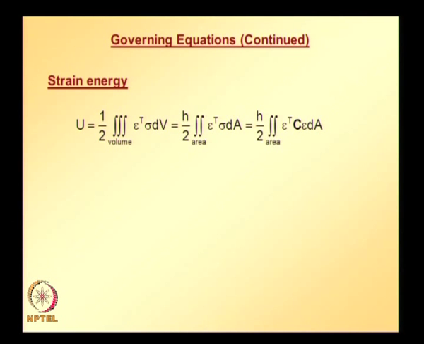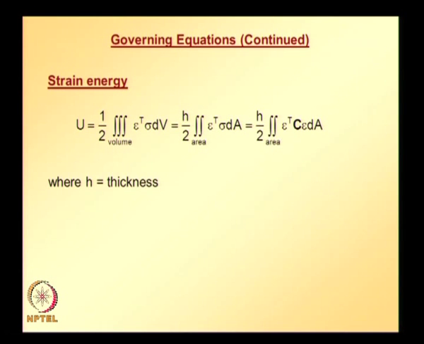So, now the integral becomes an area integral, and also stress can be expressed in terms of strain if we know the constitutive matrix corresponding to whether it is plane stress or plane strain. So, sigma is replaced with C times epsilon, where C is the appropriate constitutive matrix. C is equal to C sigma if it is plane stress, C is equal to C epsilon if it is plane strain.